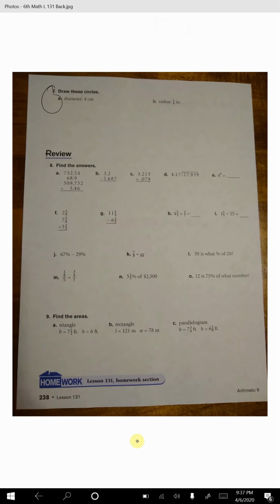So number 7, you're drawing 2 circles. Remember, use your compass. Your compass, you will measure the radius. So this one is in diameter, so you're going to have to halve that in order to set your compass at the right spot.